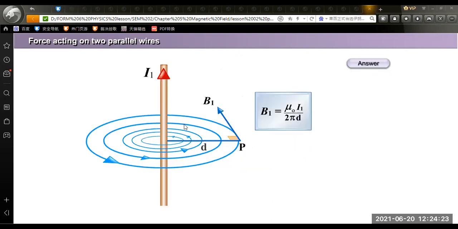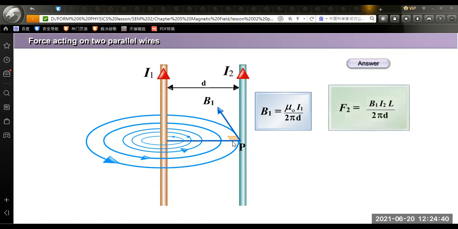If we have another conductor which we place near the conductor just now, what will be the F2? They will produce a force. The force produced is equal to B1, the magnetic field from the first one, times I2 times L, the length.